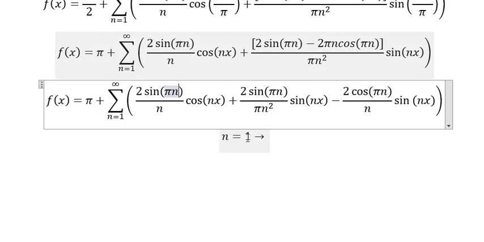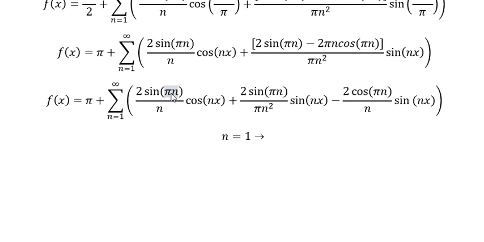So if we put n equals to number 1, we have sine b that is 0, sine b that is 0, cosine b that is negative number 1. So this one we will have number 2 sine of x.